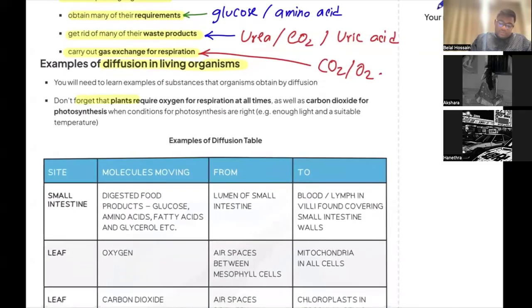Now, do not forget that plants require oxygen for respiration all the time as well. This is a particular key thing to remember. You will be tested for this. Plants also require oxygen all the time for respiration, as well as carbon dioxide for photosynthesis. Carbon dioxide is a reactant for photosynthesis.